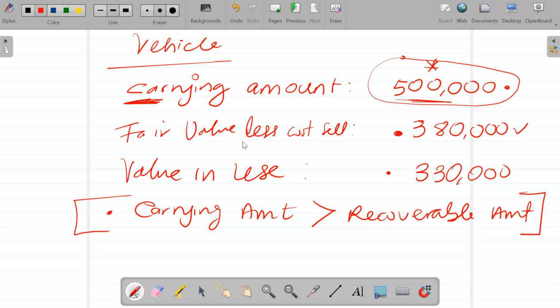That would be the 380,000. Correct. Yes, so that is the recoverable amount. You can see the carrying amount is more than the recoverable amount, so it means we have an impairment.